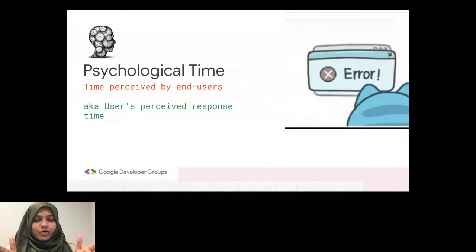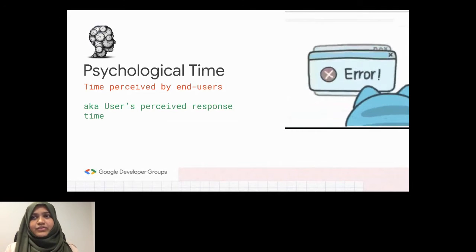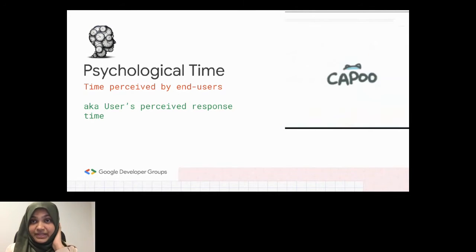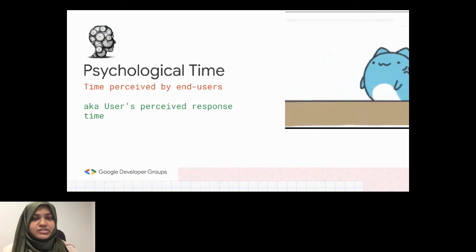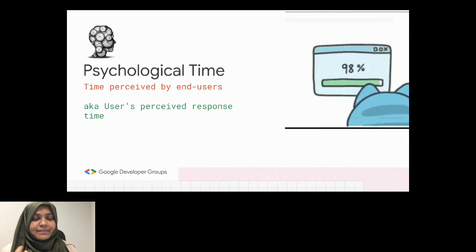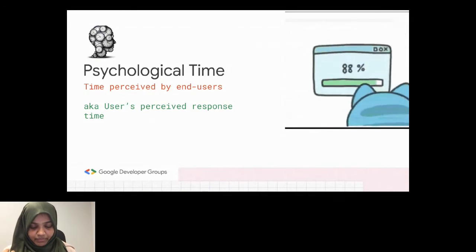If you optimize this psychological time, it means that your app has good speed, and you are able to make your end users perceive time and speed in a better way. So your web app is more performant.